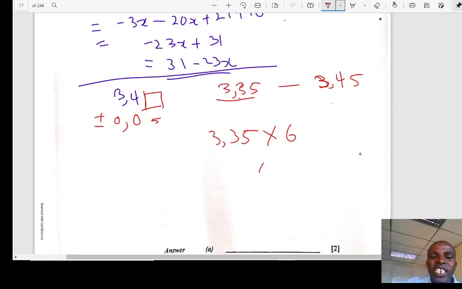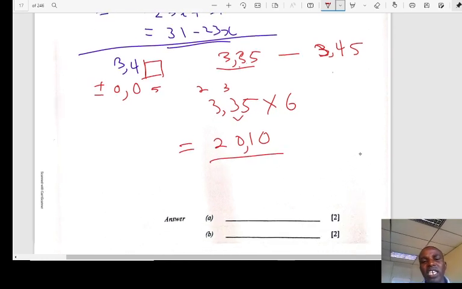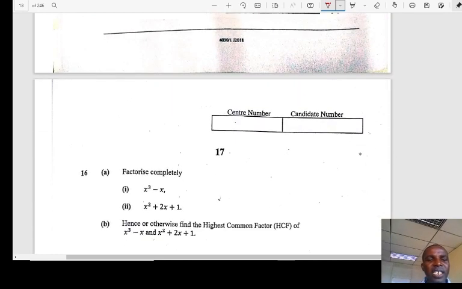Easy. 6 times 5 is 30. 0 carry 3. 6 times 3 is 18, plus 3, 21. 1 carry 2. 6 times 3 is 18, plus 2 is 20. Then decimal places, we have 2 here, so it's 20.10. This will be your final answer. Done. Then next, question number 16.